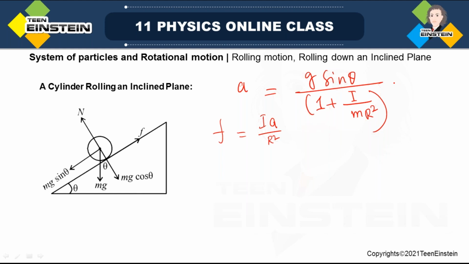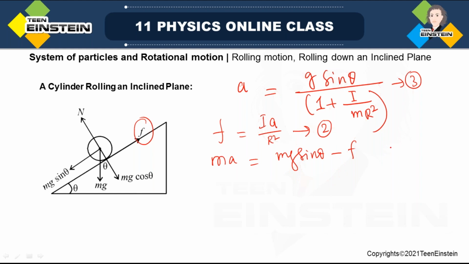This is equation number 3, and this we had written as equation number 2. The first equation is m into a is equal to mg sine theta minus f. Now my agenda will be to find out what f is. If I put the value of a here, then I should get the value of f.